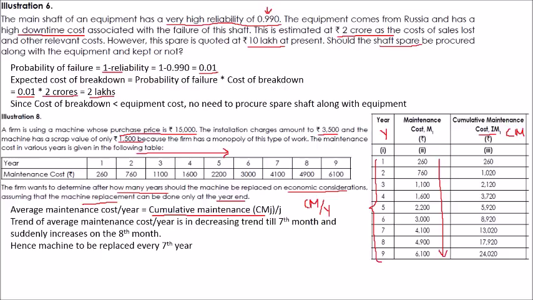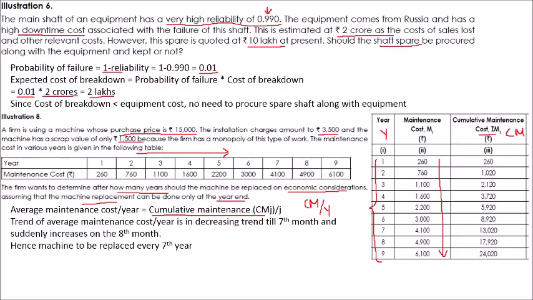When you get the maintenance cost per year and look at the trend, it keeps on reducing from year 1 to the 7th year, and in the 8th year you will see a sudden increase. This shows that the cost of maintenance per year is going up from the 8th year onwards. The minimum maintenance cost per year is in the 7th year.